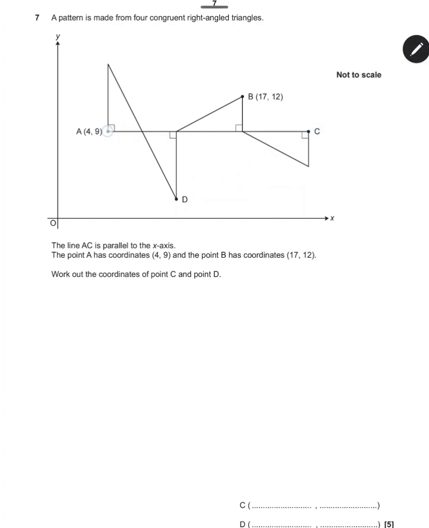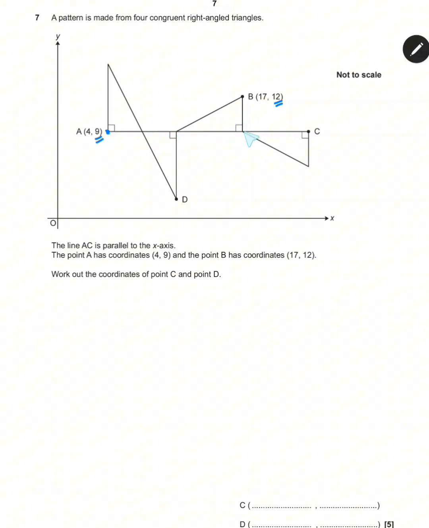We know that this point is across to 4 and up to 9. So if this point here is 9 high on my y-axis, and we move across to this point here, we're coming all the way across to 17 and up to 12. So this point is 12 high.